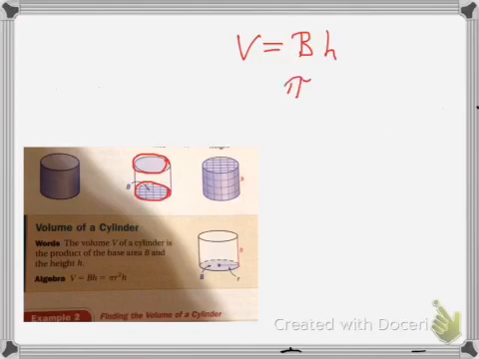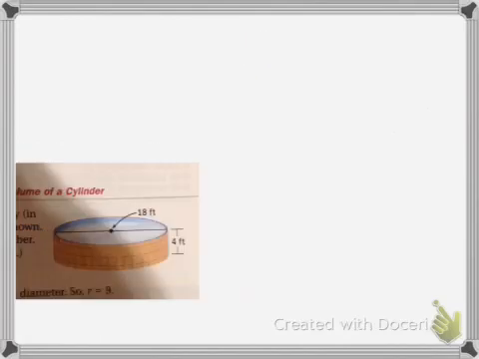Pi r squared. So this big B in the cylinder is replaced by the area of the circle, which is pi r squared, and then the h would be the height of the prism. Okay, put that in your notes, and then let's continue to work some out.